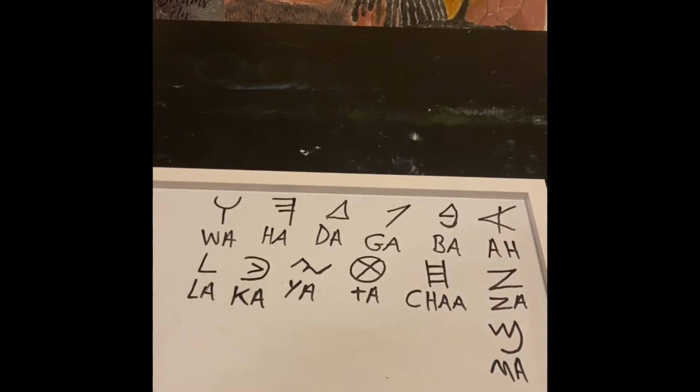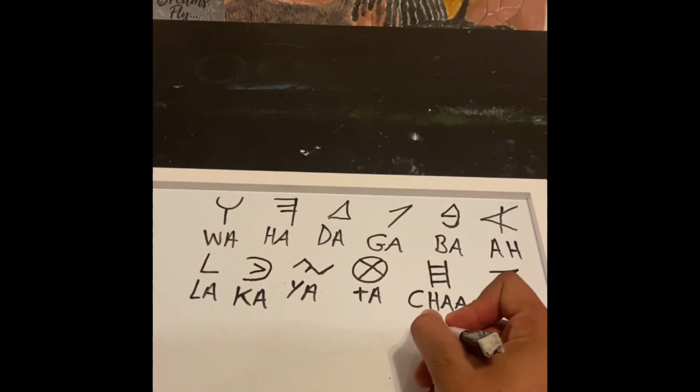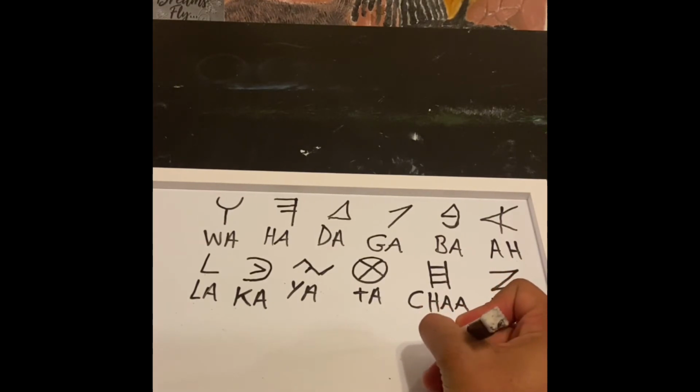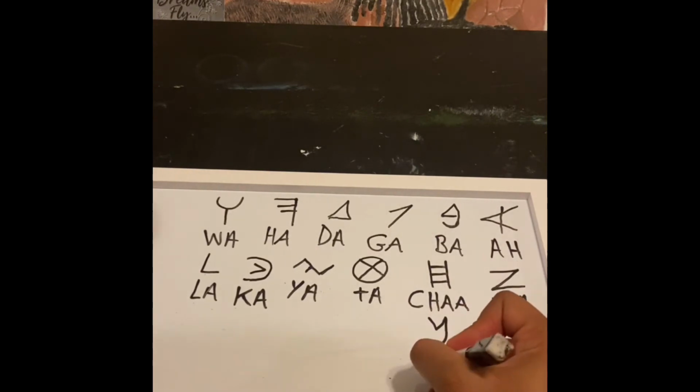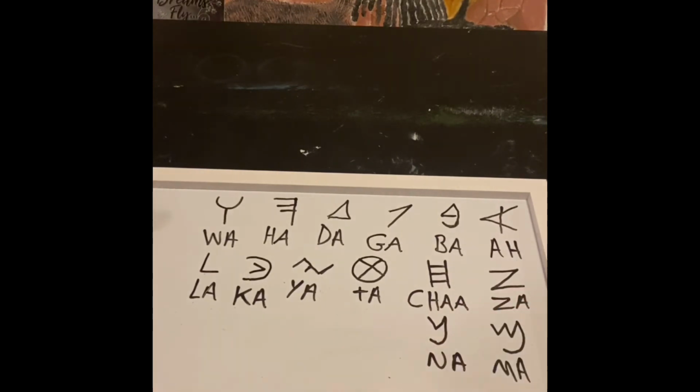For the character Ma, I have the character Na, this character Na. And the character Na means seed, fish, activity, or life.